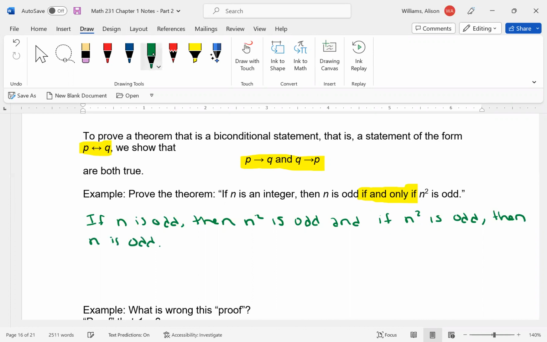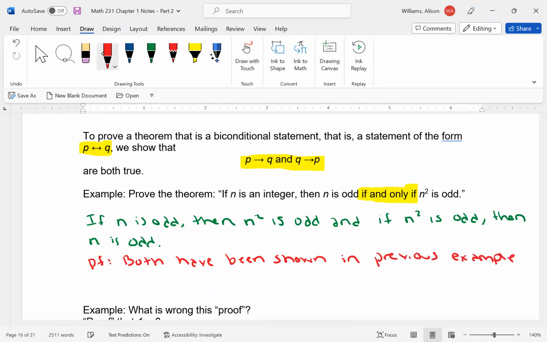That's what this is. But here's the cool part. We actually have already shown both of those. If you look back at our previous examples, we did show that when n is odd, n squared is odd, and that when n squared is odd, n is odd. So both have been shown in previous examples.